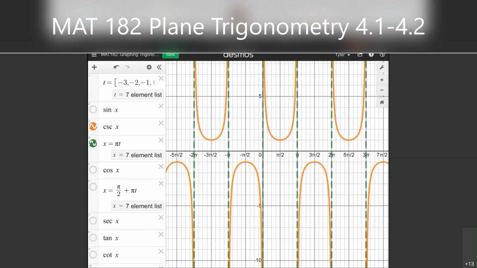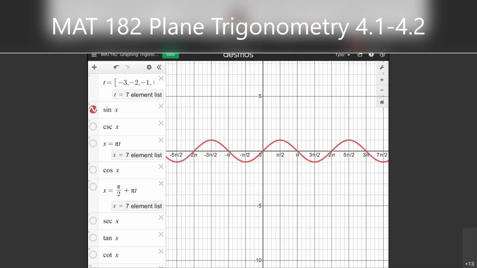So those would have the asymptotes because they have the breaks. But if you just graph the sine function by itself, it's a continuous function. There are no breaks in the graph. Thank you. Yeah, so I just wanted to associate those together because they kind of work with each other in terms of their graph. But the sine and cosine function, you're correct, don't have any asymptotes.